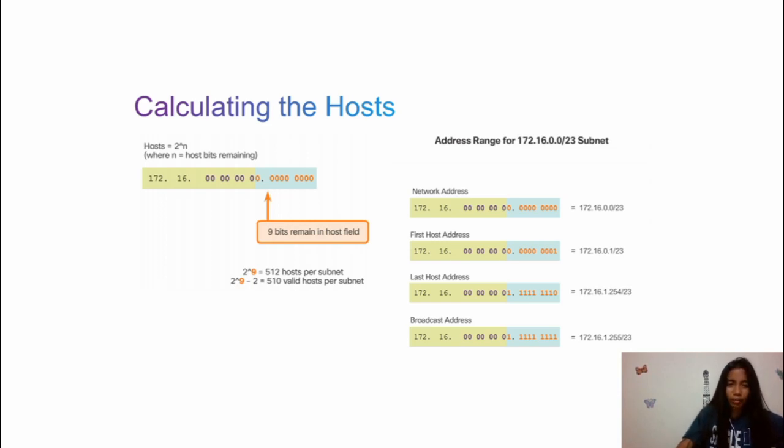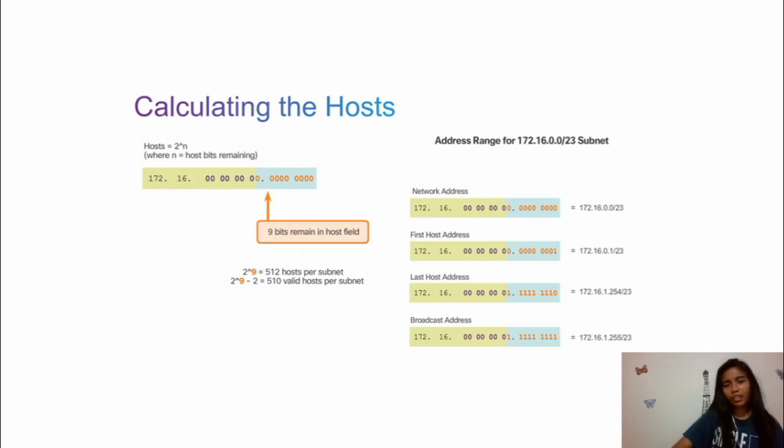We have 9 bits remaining in the host field, and 2 raised to 9 equals 512 hosts per subnet, and 2 raised to 9 minus 2 is equal to 510. So that's the valid hosts per subnet.